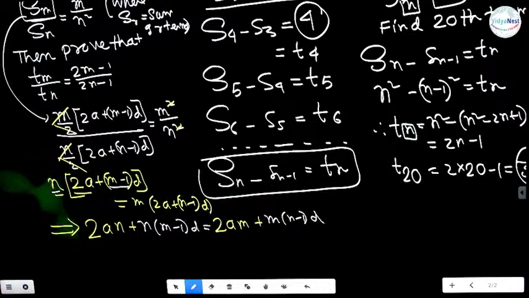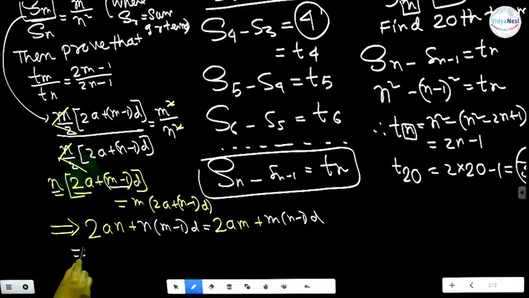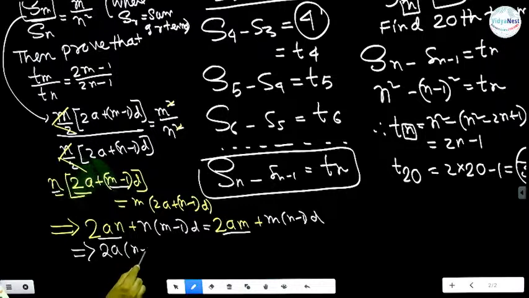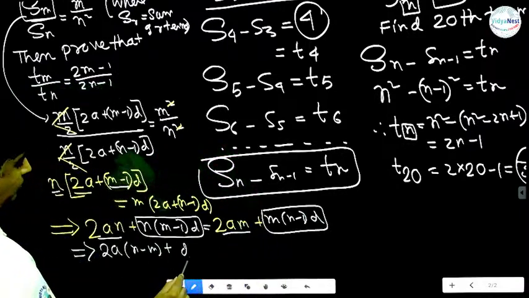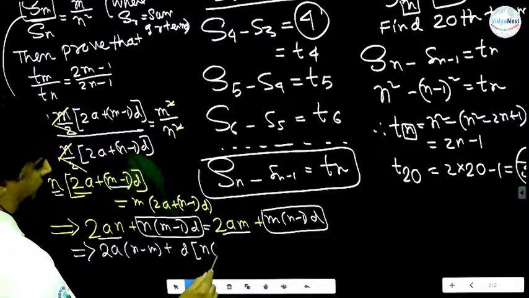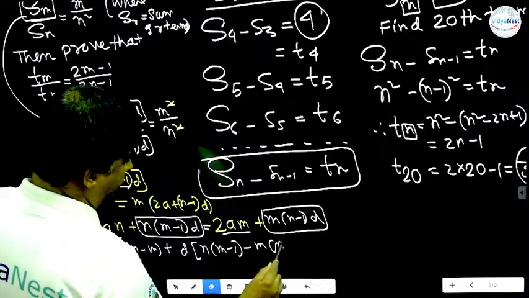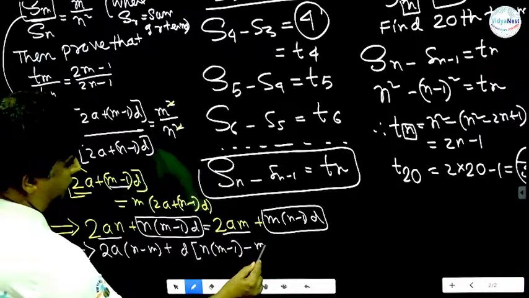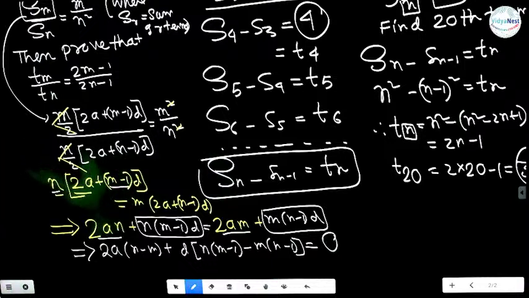So what simplification is needed here? You bring all the terms to the left hand side. Like terms will be clubbed. 2an minus 2am, I can take 2a common, n minus m, and from the rest I can take d common, and see the outcome, is equal to 0.